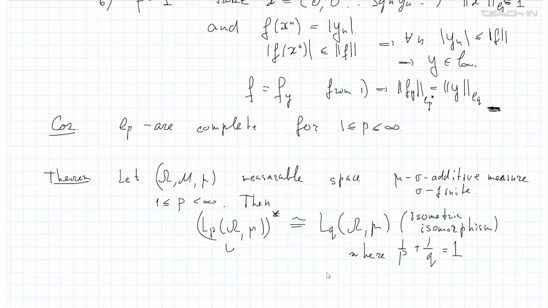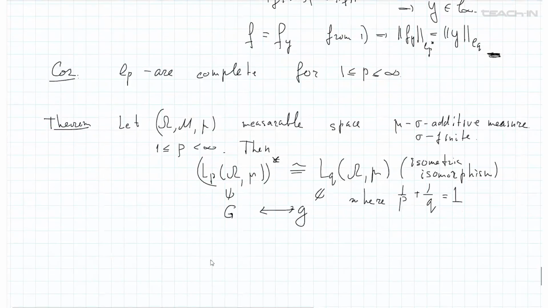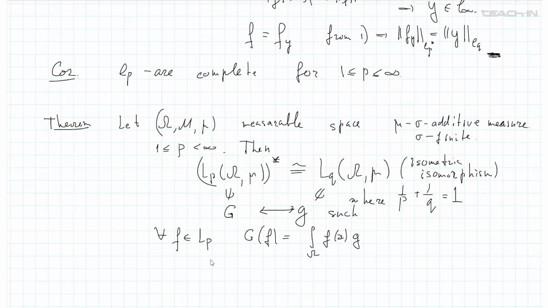And what is an isometric isomorphism? For any functional from this dual, there is a one-to-one correspondence, a function capital G, such that for any function f from LP, capital G on f is just a Lebesgue integral, and the norm of this functional from LP star is just equal to the norm of the function g in LQ.